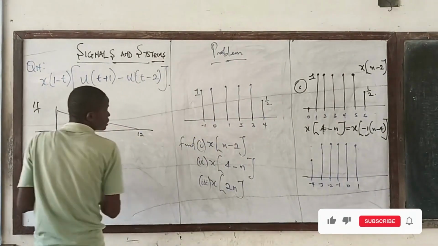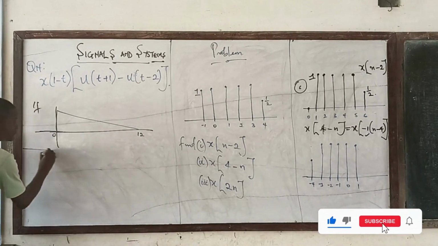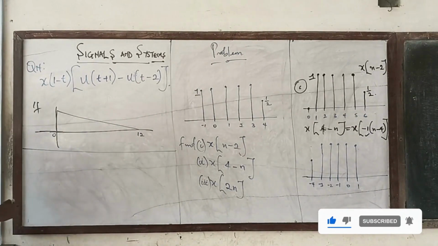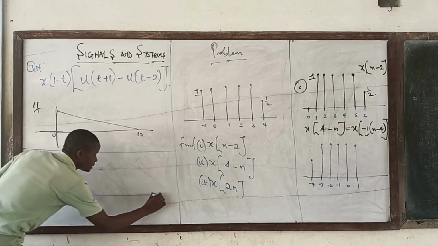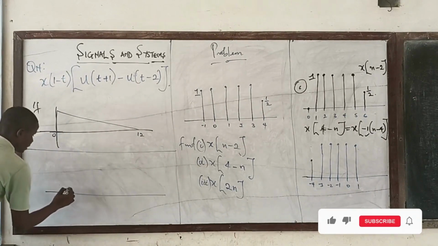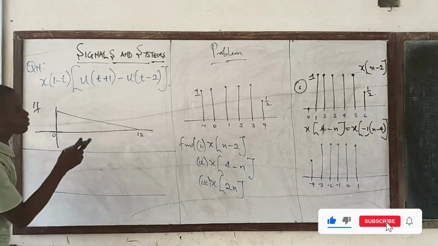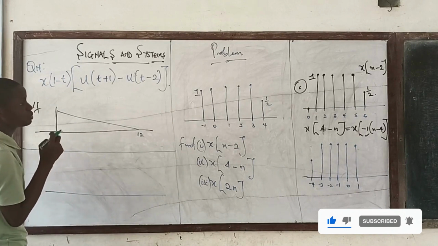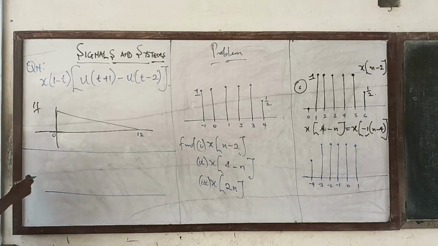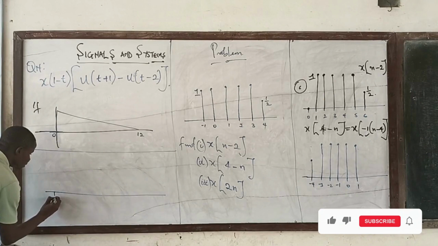Just watch me as I draw the signal. The final signal is going to be here. I have something like this, starting from minus 4 plus 4, which is 0. So I'll call this place 0.